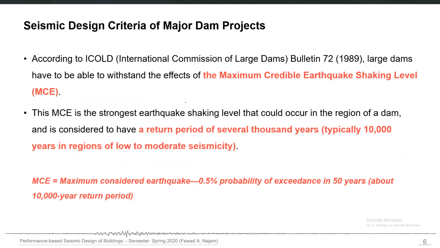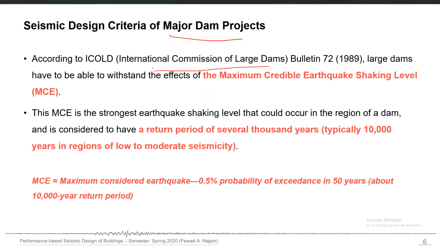For important structures and for other applications, or for the requirements of different stakeholders maybe, we can also have other definitions of hazards, other than these three standard 10% probability and 2% probability, etc. For example, let's take the case of the major dam projects.